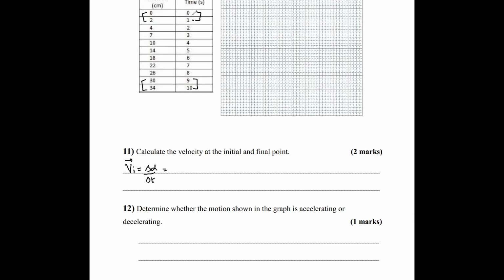So change in distance is 2 minus 0 and change in time is 1 minus 0. So initial velocity is 2 centimeter per second. Remember one thing, your answer is in centimeters because your distance is in centimeters.